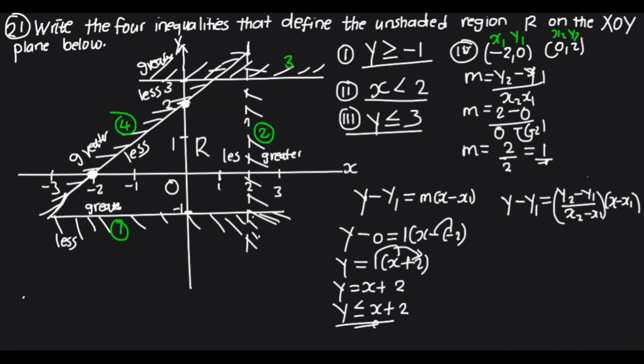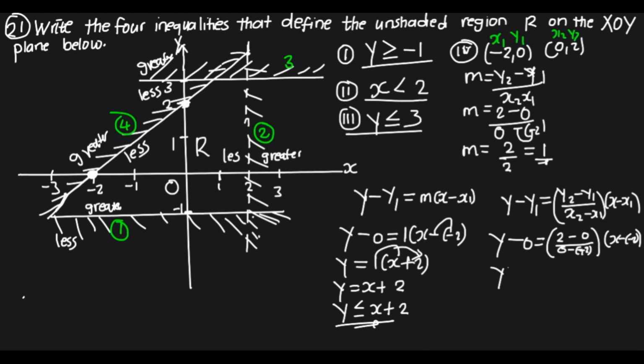Or if we want, we can use this formula: y minus y1, y1 is 0, y2 is 2, minus y1 0, x2 is 0, minus x1 negative 2, then x minus x1 negative 2.